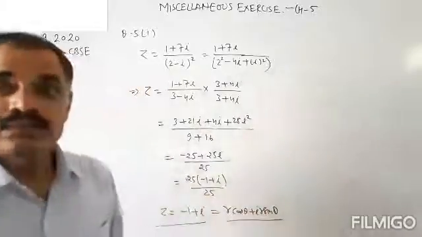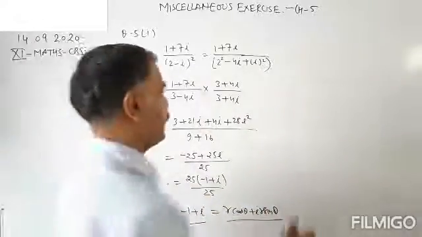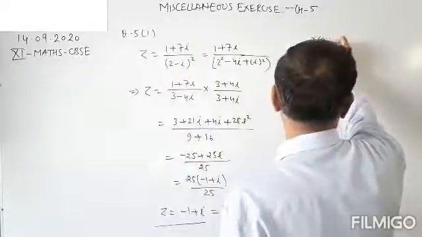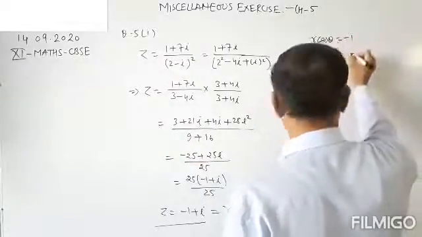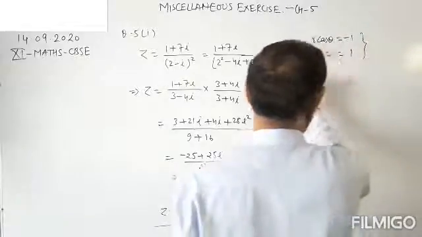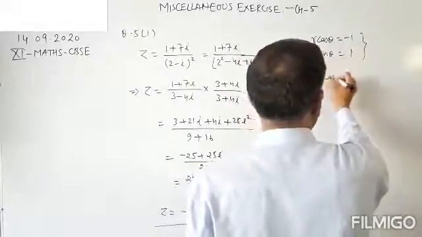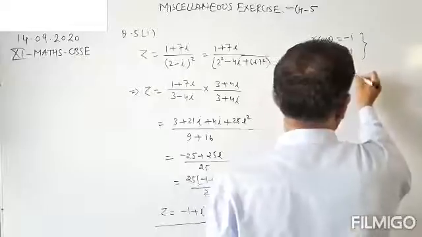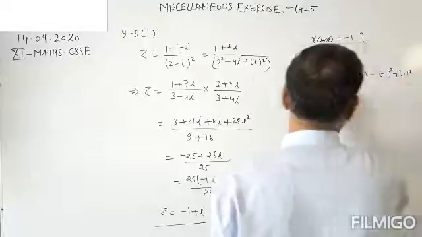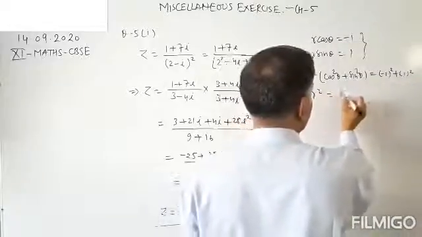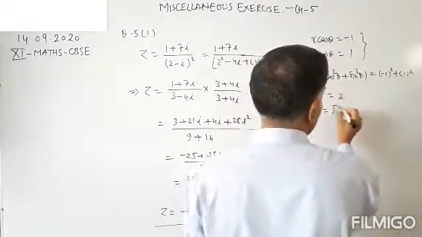Equating, we will get r cos theta equals minus 1 and r sin theta equals plus 1. Squaring and adding, r square (cos square theta plus sin square theta) equals minus 1 whole square plus 1 square. So r square equals 2, which means r equals root 2.